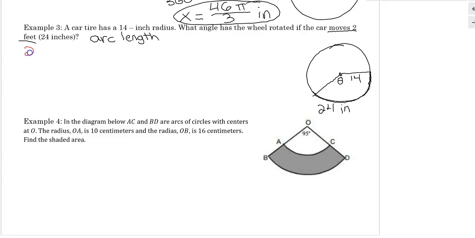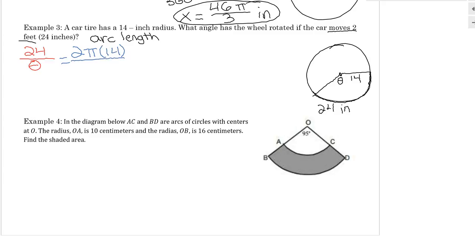I know how far my car goes. I know my arc length. So my arc length over my angle of that arc, which I don't know, that's just theta, has to equal the length around my whole circle, which is still going to be my circumference, 2 pi times 14, over the whole thing.